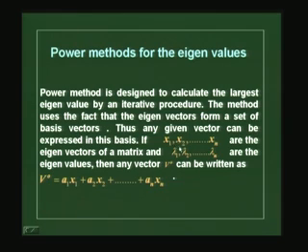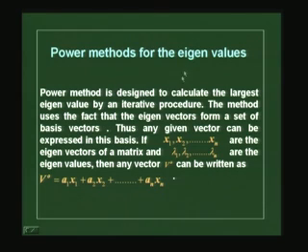Let us say x1, x2, x3 up to xn are the eigenvectors. Each of them are column vectors, which are the eigenvectors of the n by n matrix A. So we now have an idea what eigenvectors and eigenvalues are.